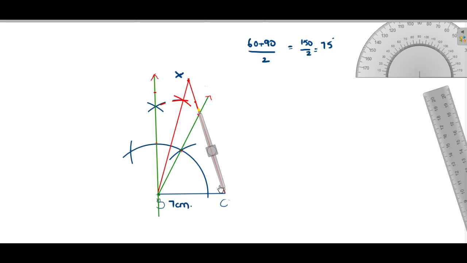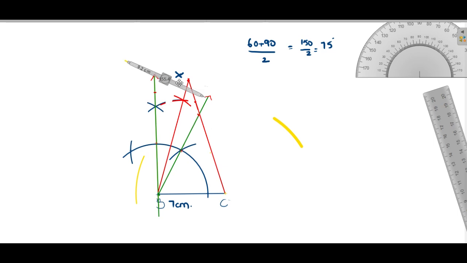So what we will do? We will place the metal pointer at C and draw an arc on either side of XC. Here also we are going to draw another arc.